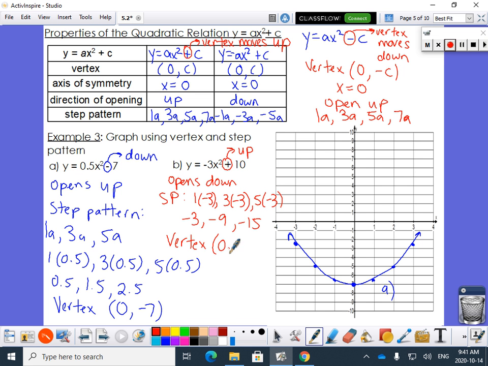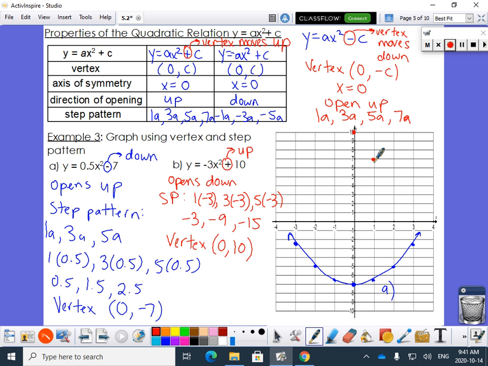My X is 0 and my Y is 10. Good job. Just straight taking the C or the Q value. Okay, so we'll plot our vertex, which is 0 and 10. And then we're going to use our step pattern. So, over 1, down how many? Awesome. Over 1, down 3.